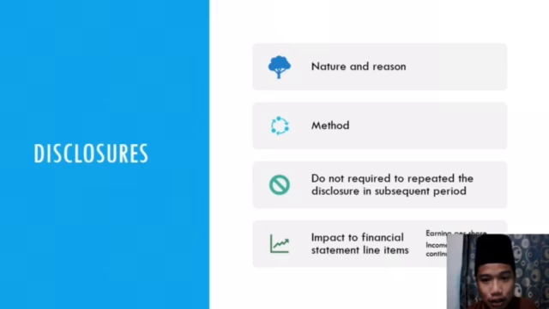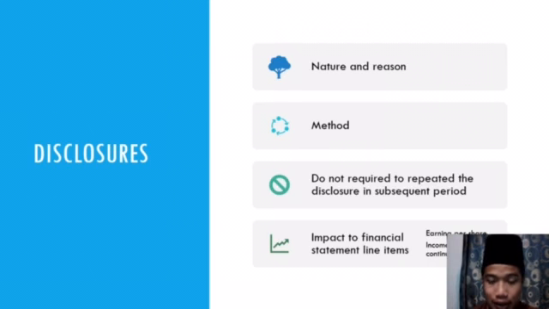For the disclosures for the change, first you need to disclose the nature and reason why. The second one is the method that we use to change it.